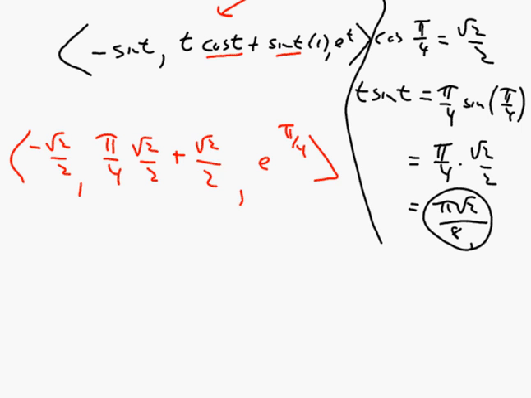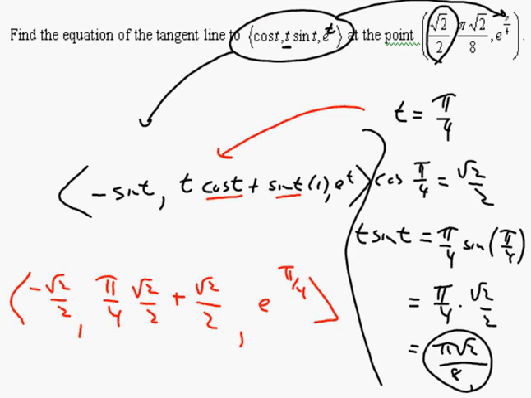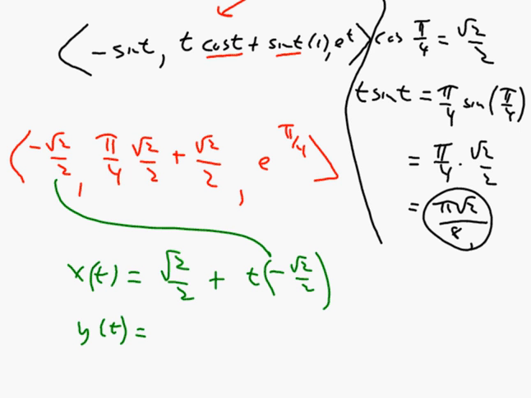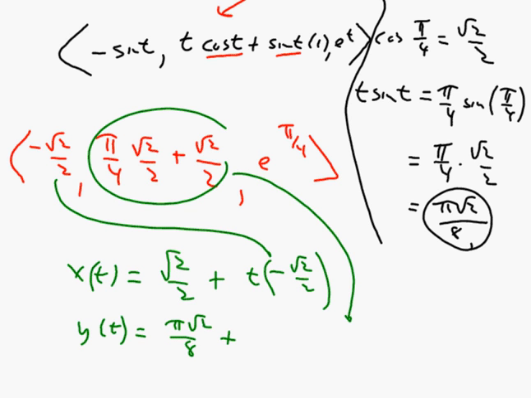So we're ready to write our line. Our line isn't a big deal. It's x of t equals the point we want to go through, so it's rad 2 over 2, plus the scalar t times this piece, negative rad 2 over 2. Okay, so there it is. That's your first component. Your second component is y of t equals pi rad 2 over 8 plus this whole thing times t.